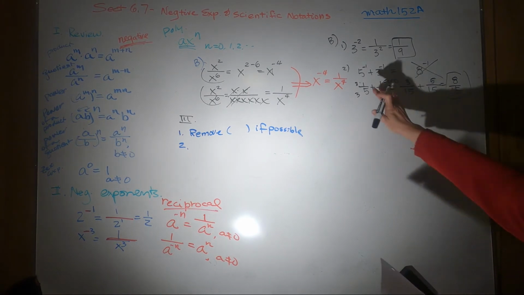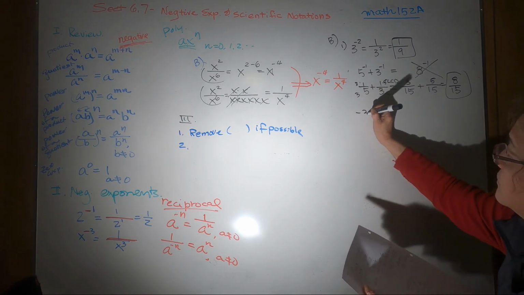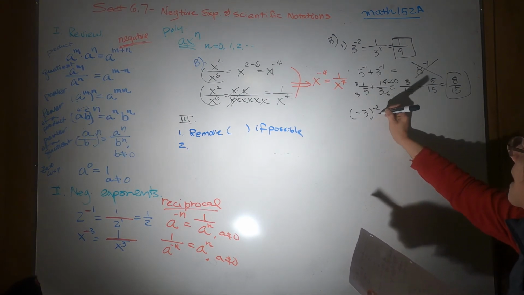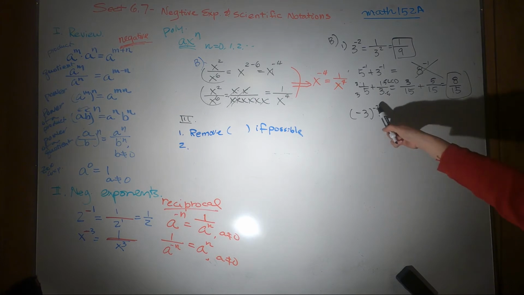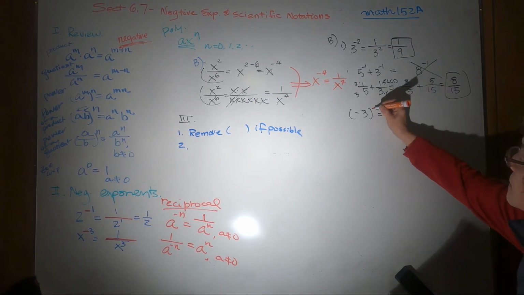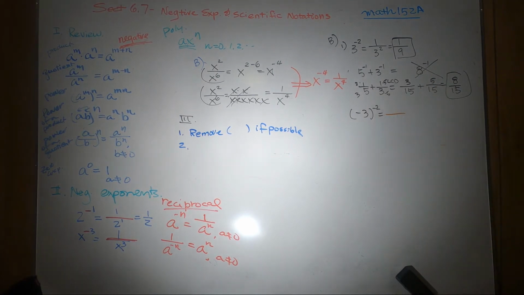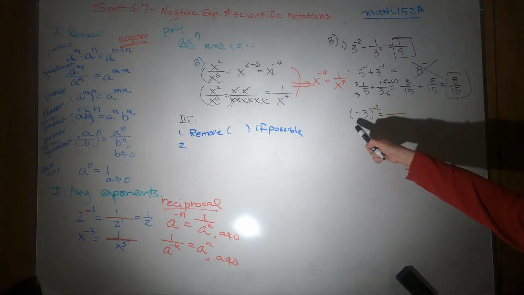Okay, so the next one we have is what? Negative 3 to the negative 2 power. Negative 2 power means what? Reciprocal, right? But this negative 3 is a real number, 3, which is negative. So it's a whole base.